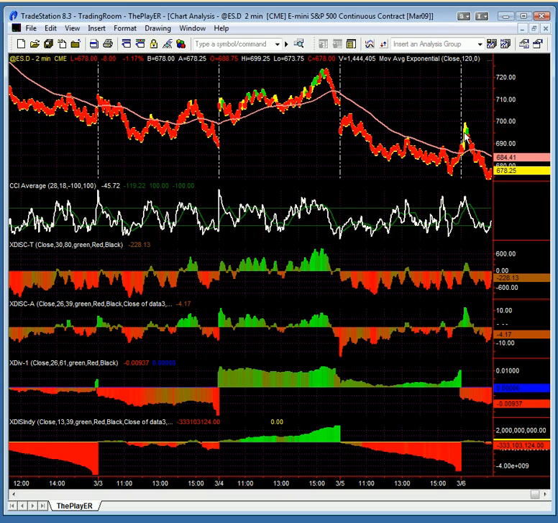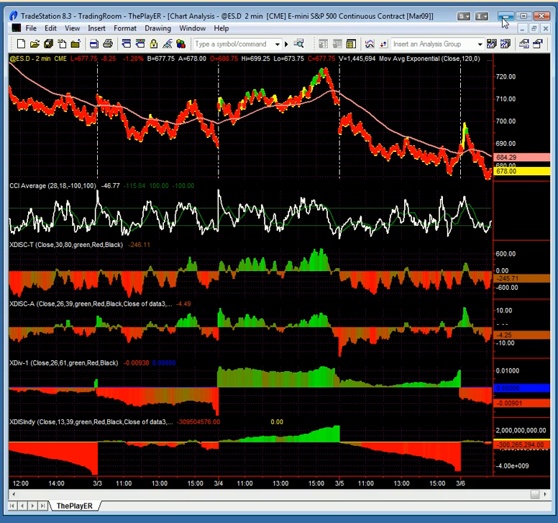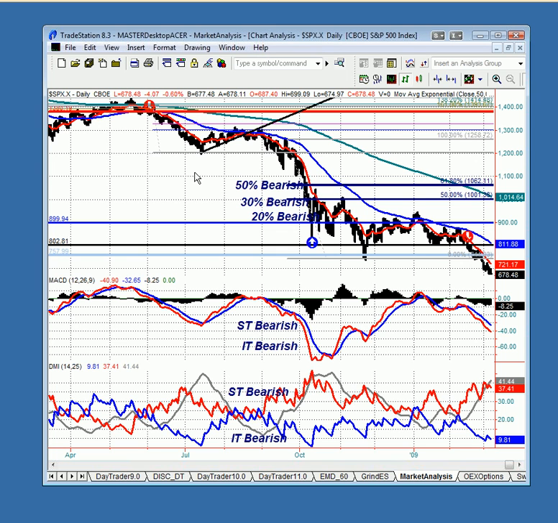So we did have a move up to around 700 to retest that very round number in the S&Ps, and we've since come 25 points off of that intraday high this early session following the jobs report. So that's where the situation is. The bears do continue to control. We're going to go ahead and switch over and look at the daily chart of the market. This is the cash market, just continues to move lower.